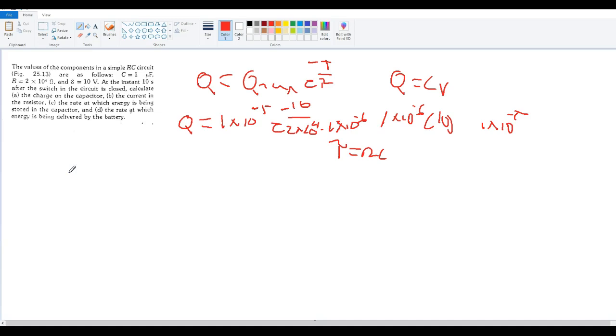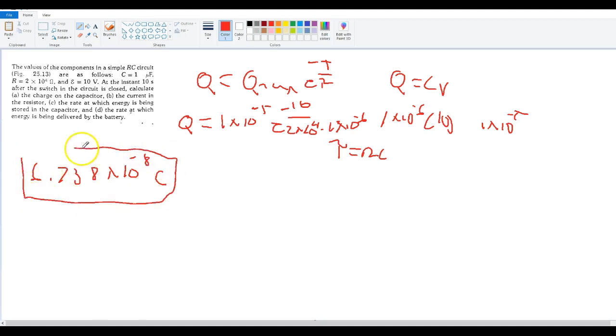And you can get a very little tiny number. You get 6.738 times 10 to the negative 8th coulombs, and that's the charge.